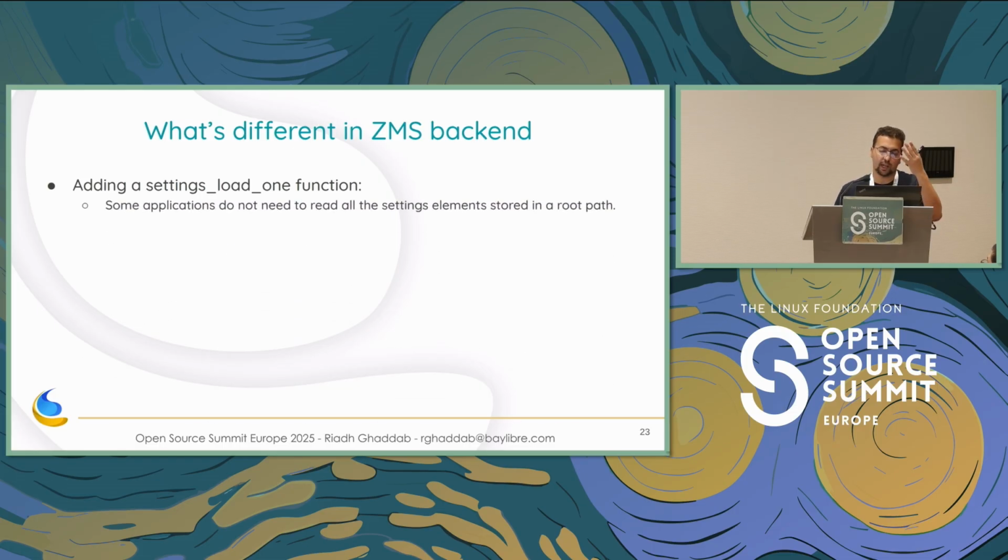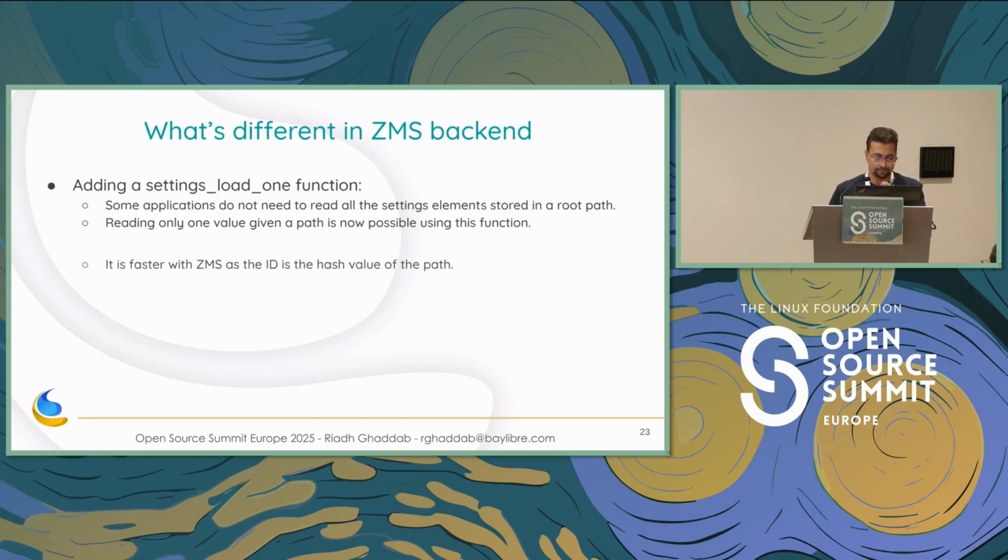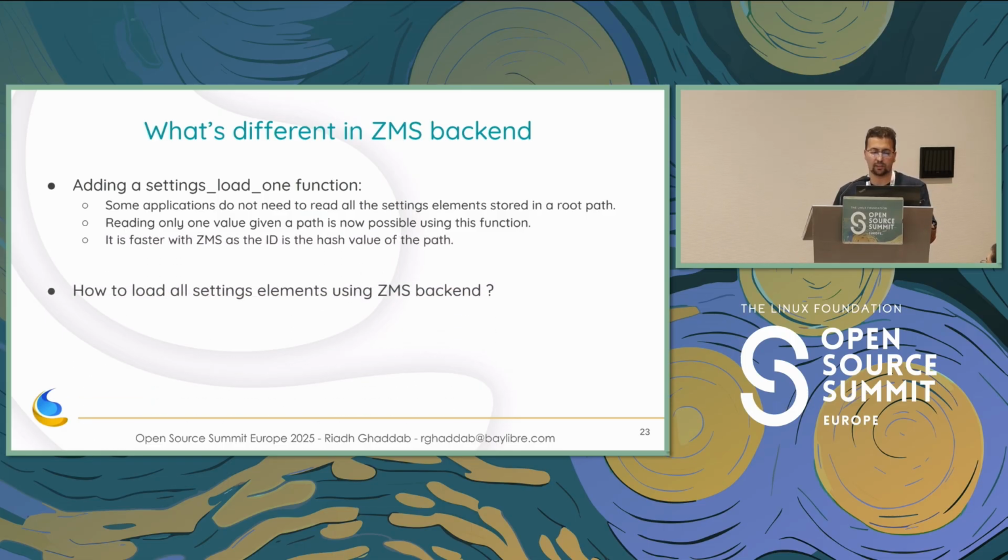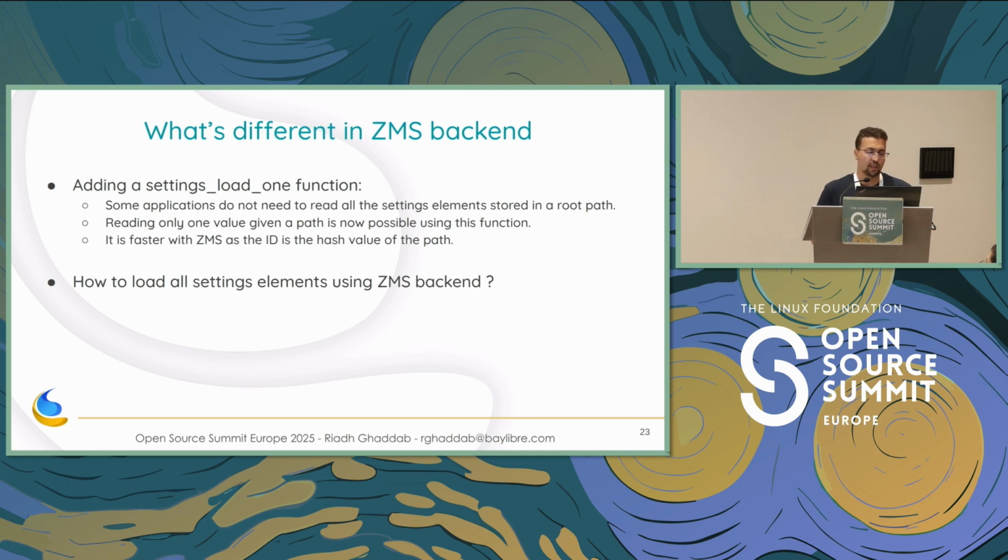Like I said, we have a direct connection between the IDs and the path. So for an application that needs only one value given a certain path, you can use that function to get that value faster. Like I said, it's faster with ZMS.